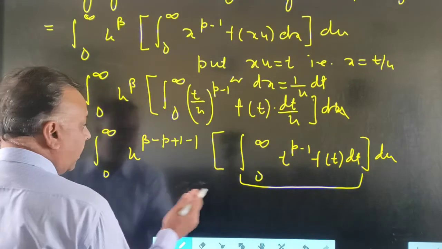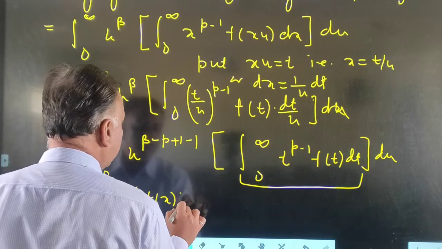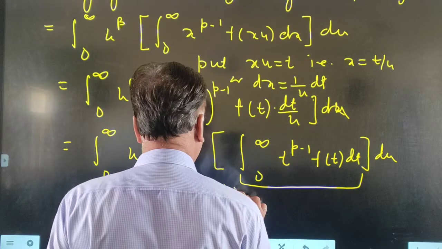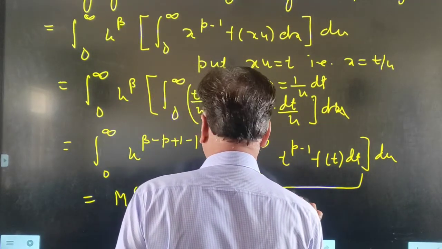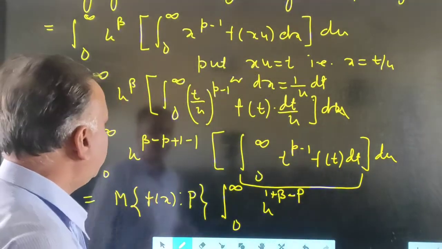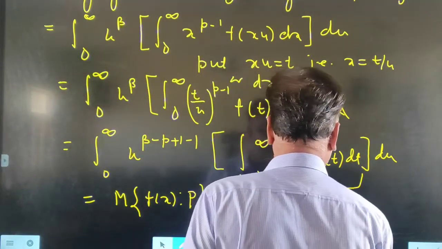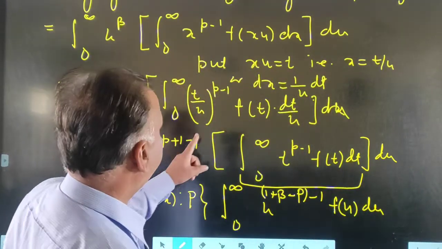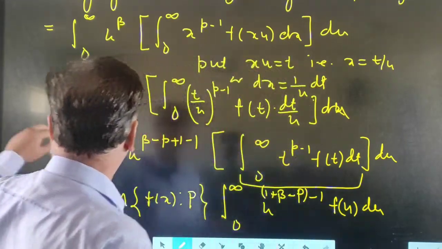So taking this outside the integral, this is the Mellin transform of the function f(x) with respect to parameter p, and the remaining integral is 0 to infinity u raised to beta minus p plus 1 minus 1 into g(u) du.